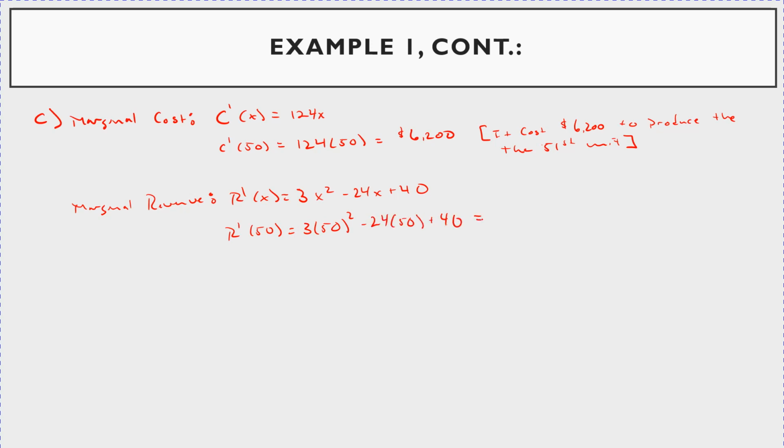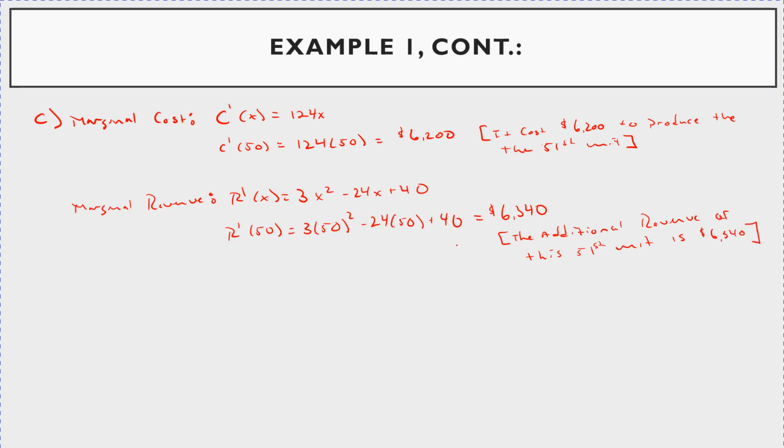And when you do, it looks like you end up getting $6,340. So the additional revenue of this 51st unit is 6,340.